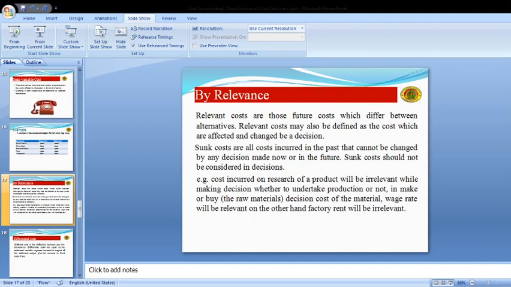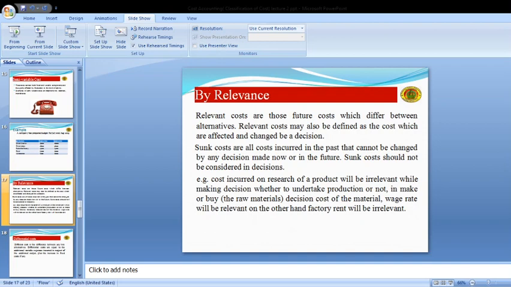That's why this manufacturing cost becomes a relevant cost. Now, while taking decisions, you should only look at the relevant cost and not look at sunk cost. Are you getting it?